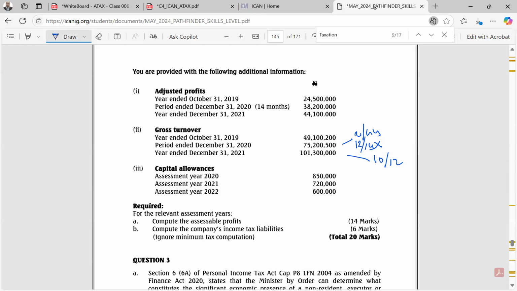From January to October is 10 months. So we are taking 10 over 12 here and 2 over 14 here. So can you do it and get one figure for me? Okay. Because the November and December 2019 is here.